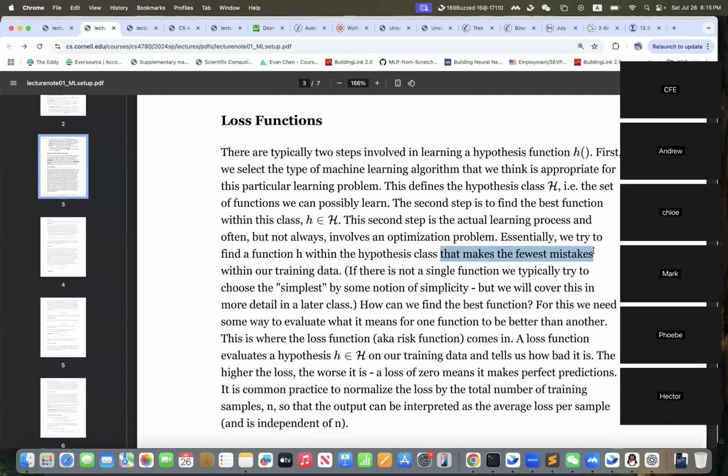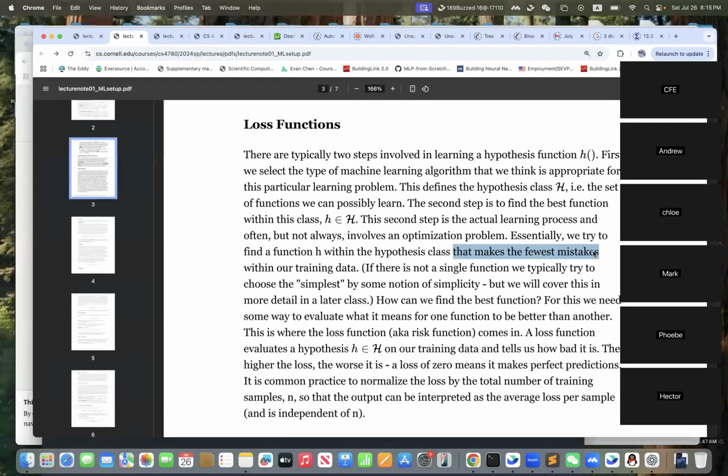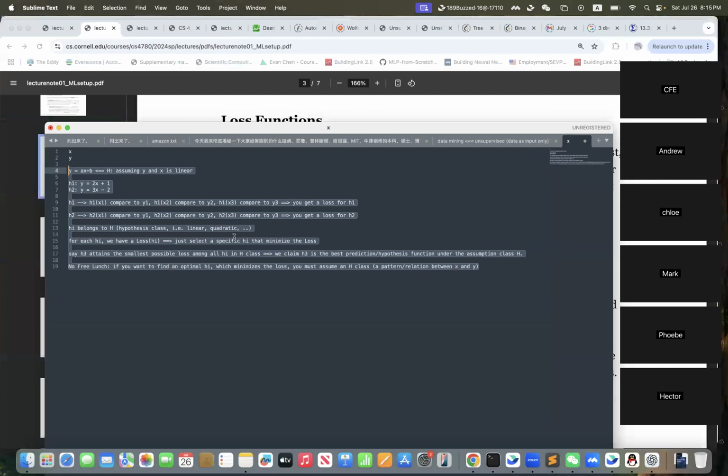High accuracy. And if we explain it in terms of the loss function, it means a small loss, right? Because whenever we make a mistake, our loss increases. Remember that? We make a prediction on x1 using h1 and compare it to y1.